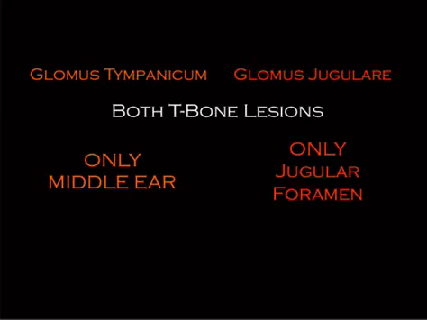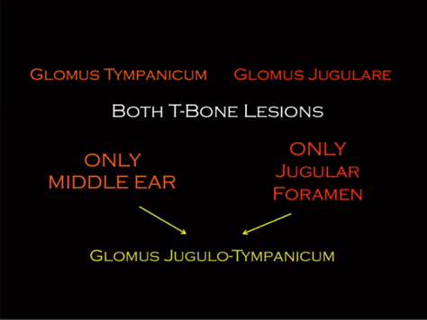The jugulare, like jugular foramen, is the one that's in the jugular foramen. And then there's another one that I didn't mention, but could be brought out in the form of trickery: what if you have a lesion that is both in the middle ear and in the jugular foramen? Well, then it's a jugulotympanicum. They just combine both words.